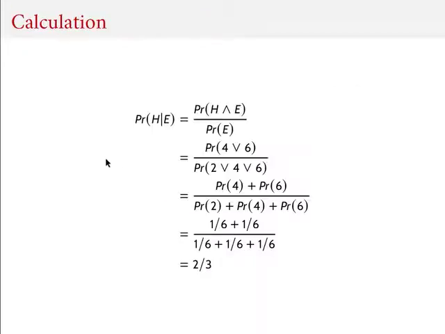So in the last example, for instance, we wondered about the probability of H given E. So we wondered about the probability of the die landing high given that it landed even. And of course, it's possible for the die to land both high and even. That happens in the case where the die lands on a 4 or lands on a 6.